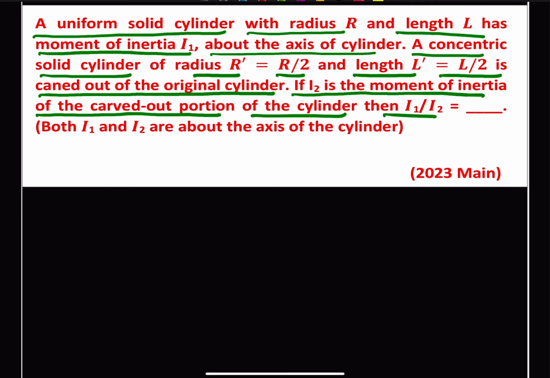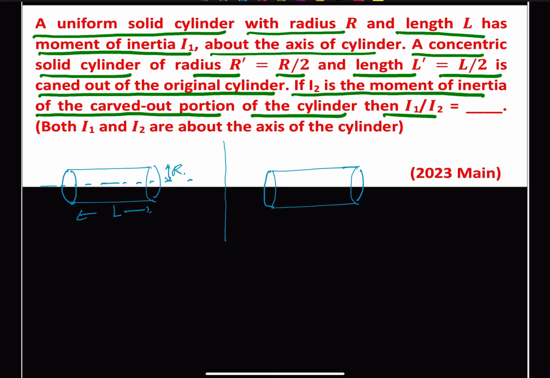and we are given a uniform solid cylinder. Suppose this is the axis and its radius is given as R and length is given as capital L. And in the second case, the cylinder is carved out from it, whose length is L prime and radius is R prime.